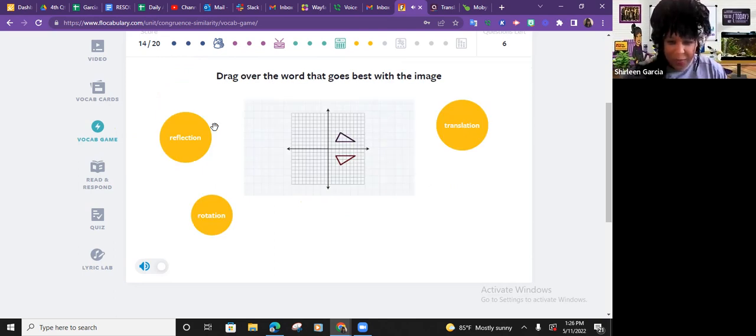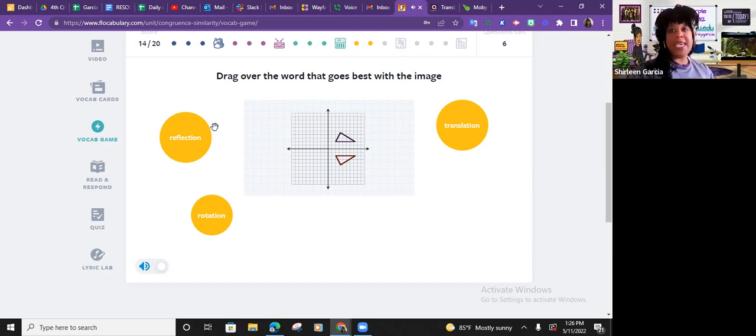All right. What is that picture showing us? A reflection, a rotation, or a translation? The shape changed in its position, its location on the grid, but it's still the same size and it's still the same shape.